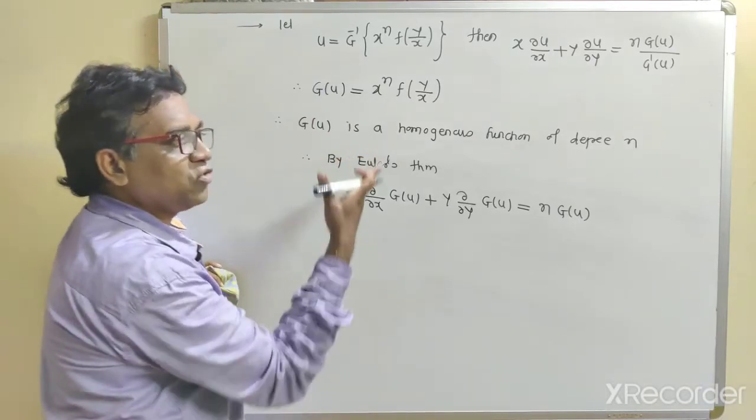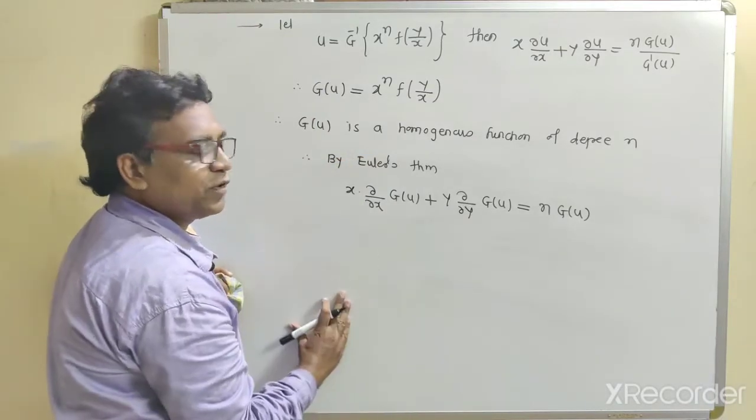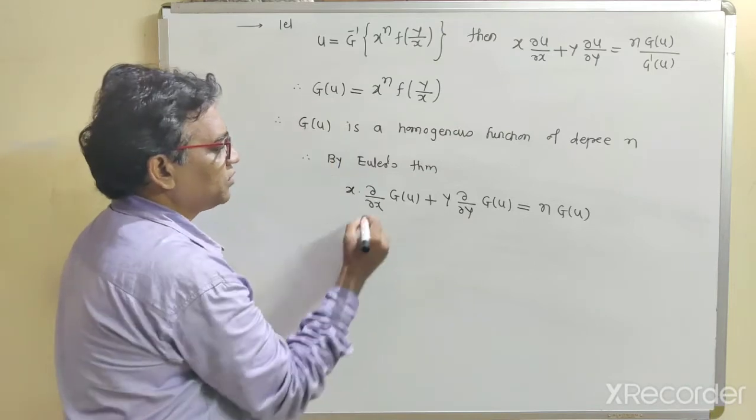Because g(u) is a homogeneous function, we can apply Euler's theorem for g(u). Now just simplify this.